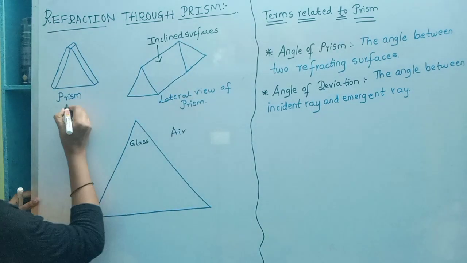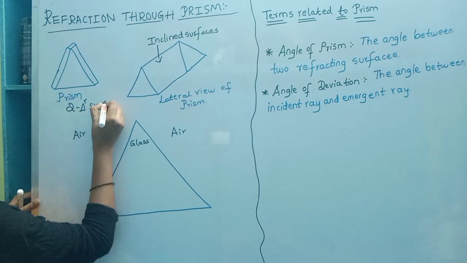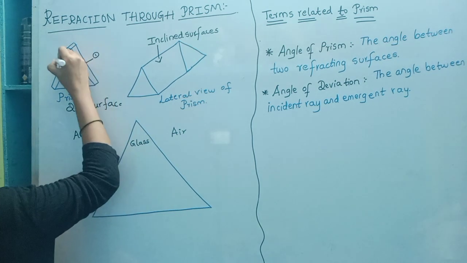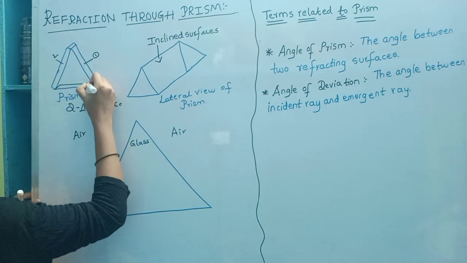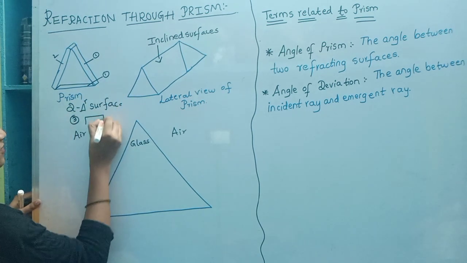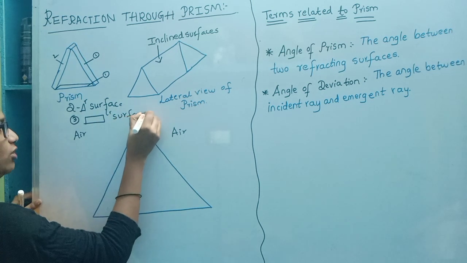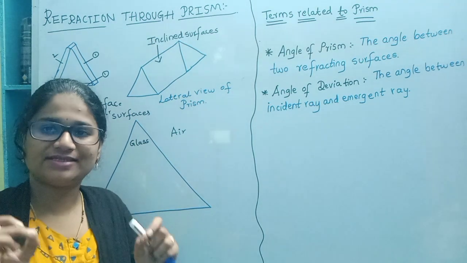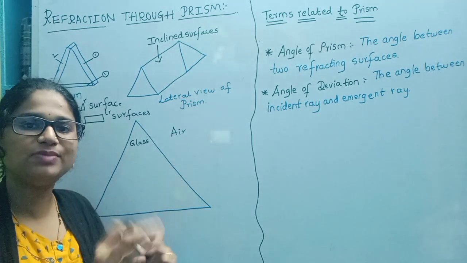So the prism is made up of two triangular surfaces and three rectangular surfaces.